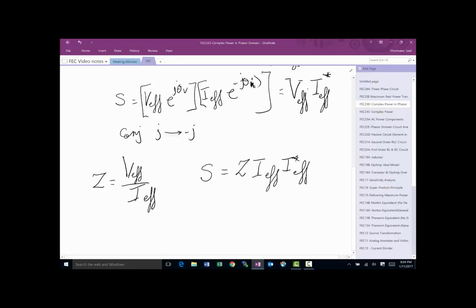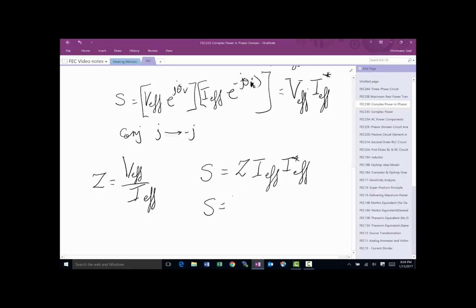These are multiple ways of writing S, and most of them are derived from the basic definition of Z and the complex number rules. The other way would be to replace I with V effective over Z. But remember it's the conjugate, so we have to conjugate the whole thing.